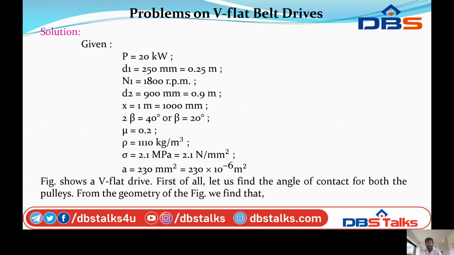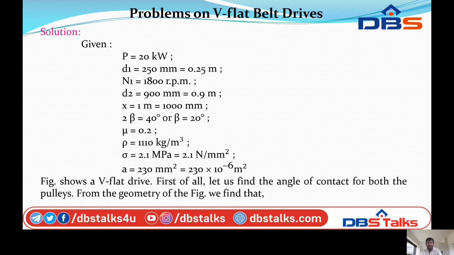Mu is equal to 0.2, density rho is equal to 1110 kg per meter cube. Sigma is equal to 2.1 megapascal, that is converted to 2.1 Newton per mm square. The cross sectional area A is equal to 230 mm square. It will be converted to meters, 230 into 10 power minus 6 meter square.